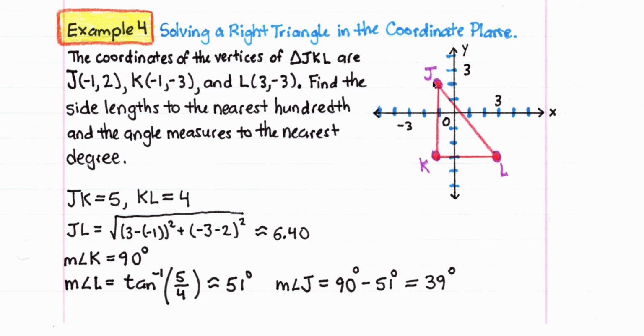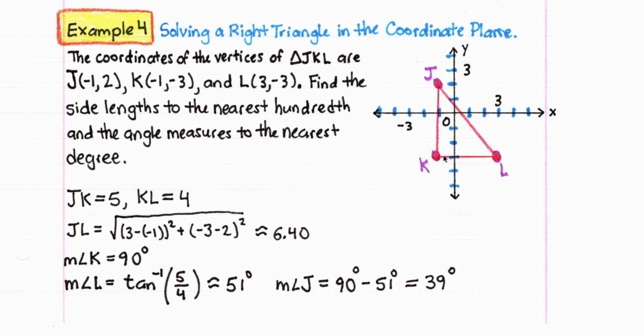Because JK and KL are vertical and horizontal respectively, JK is just 5 and KL is just 4. But for JL, you have to use the distance formula. We plug in the values from J and L and we get approximately 6.40.